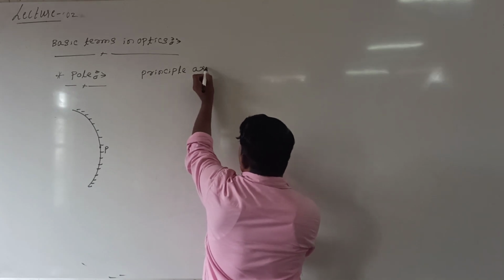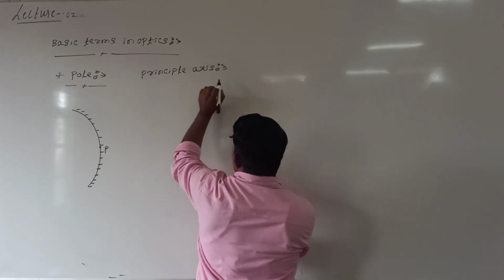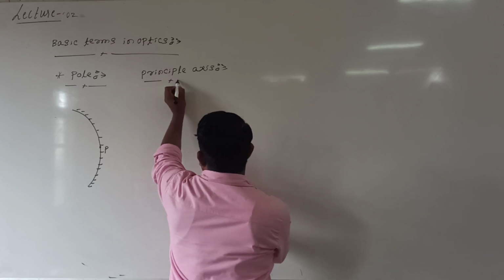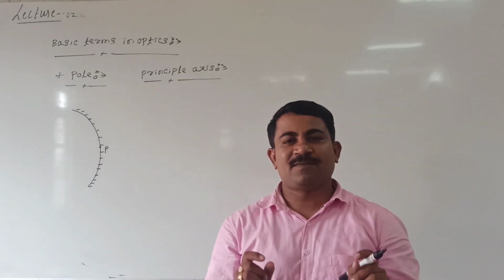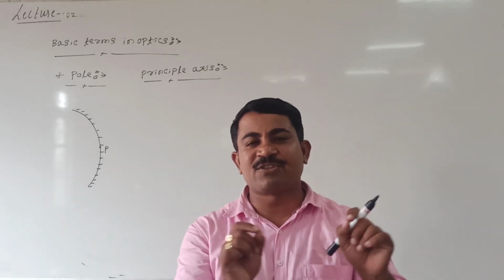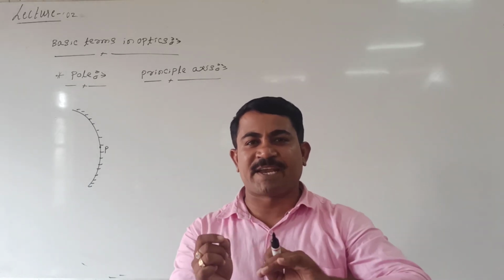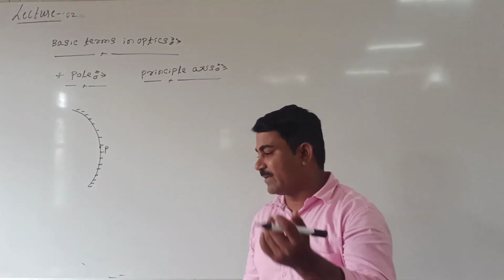Principal axis. Principal axis means the straight line passing through the pole on either side. Very simple.